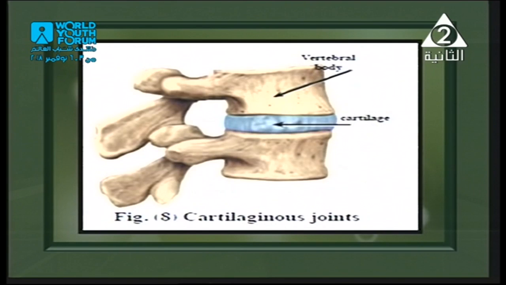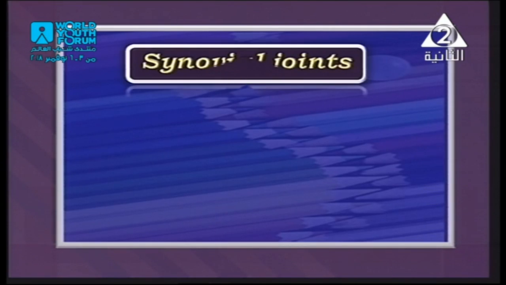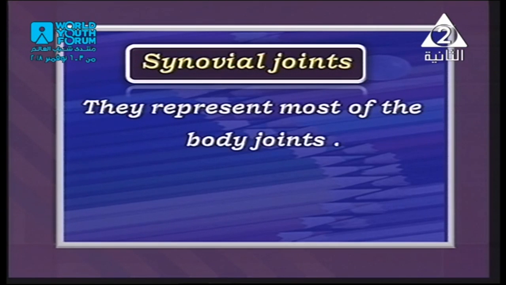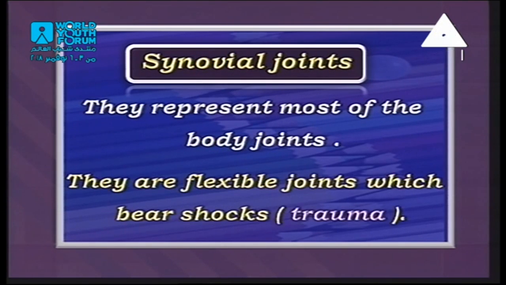The last type is called the synovial joint. Synovial is a liquid or substance found inside this type of joint, so they are called synovial joints. They represent most of the body joints. They are very flexible, and they can withstand shocks or trauma.